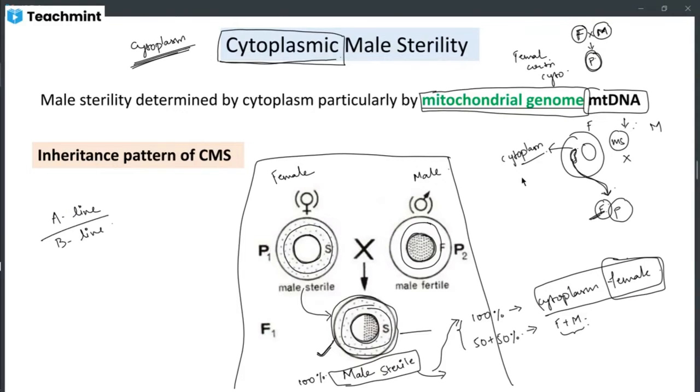So what do you call this A line, whether it is your female line or male line? And what about the B line? How would you identify them? A is the female line and B is the male line. Okay, A is your female line, which is your male sterile, right?